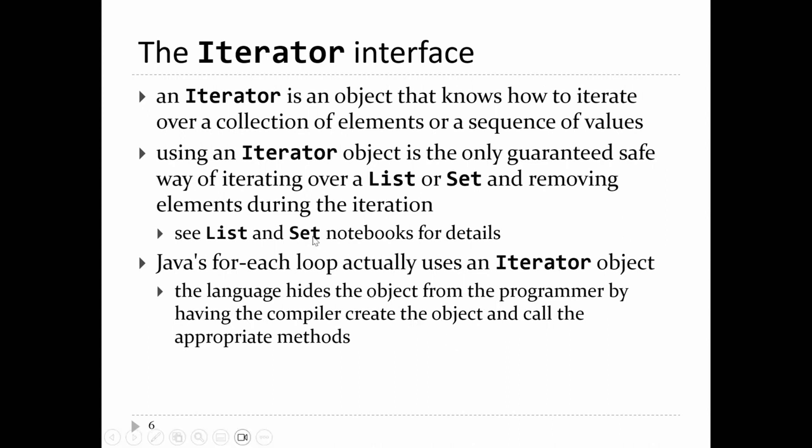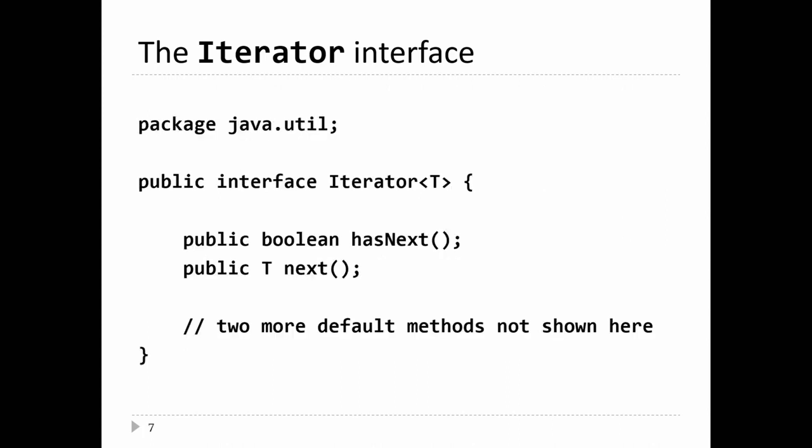The same is true for sets and for maps. In a map you have an iterator over the key set, and it's also possible to iterate over the values. The interface is pretty straightforward for iterator. This is the Iterator interface, copied directly from the Java standard library.